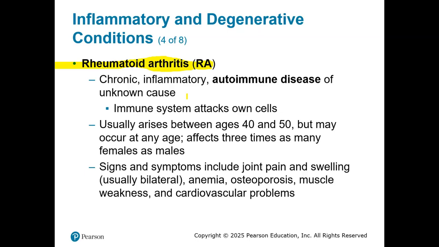The immune system has started to attack your own cells. So rheumatoid arthritis is going to include joint pain and swelling, anemia, or low oxygen, osteoporosis, muscle weakness, and even cardiovascular problems.